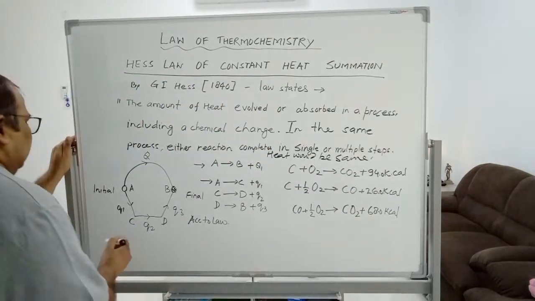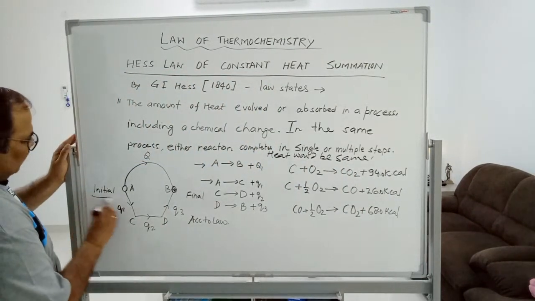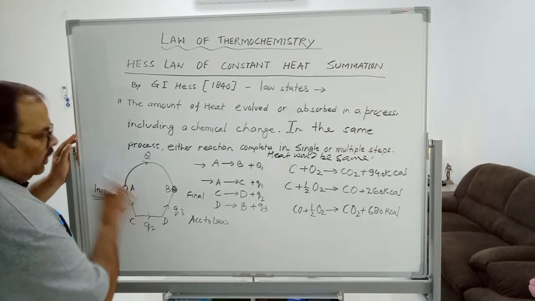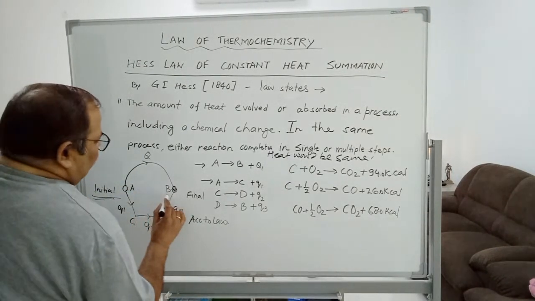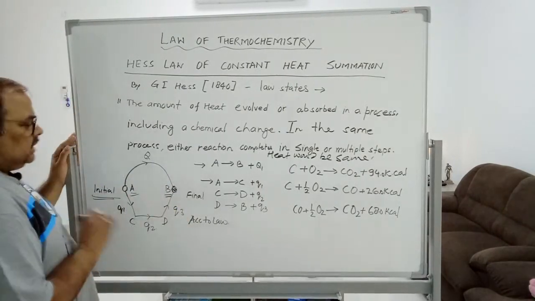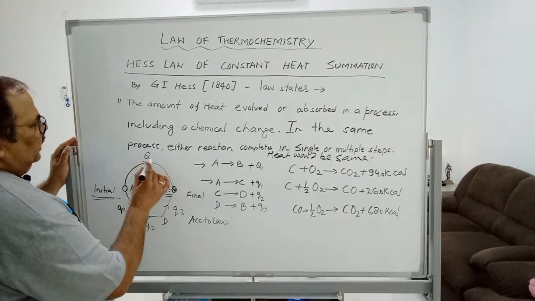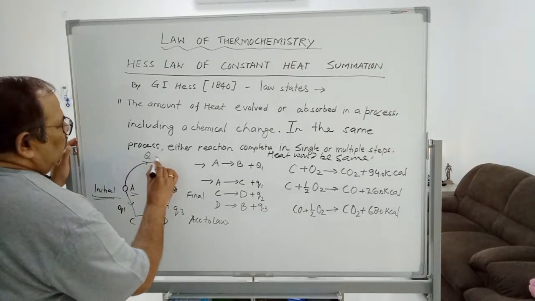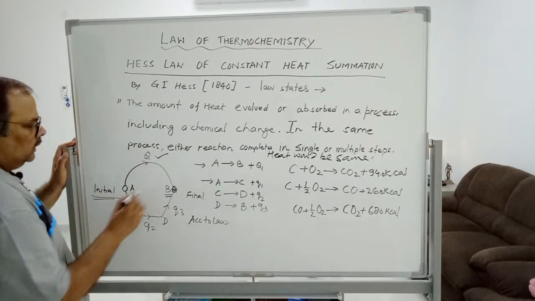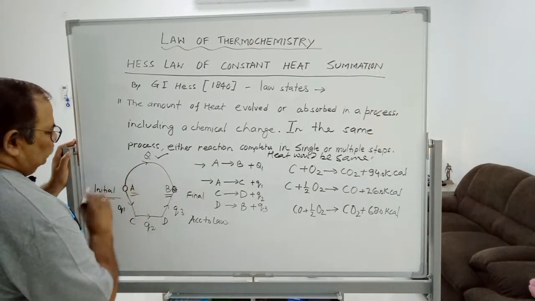See, in this case, this is the initial phase. You can say that reactant A converts into B. In a single step, A converts into B, and the heat evolved is Q, capital Q. Now, this is one condition.